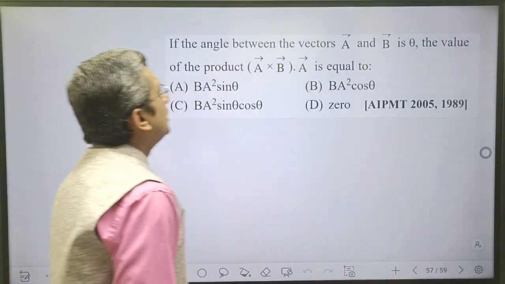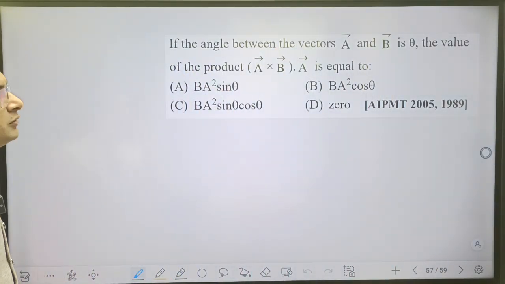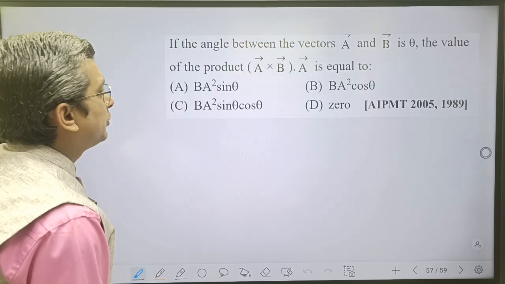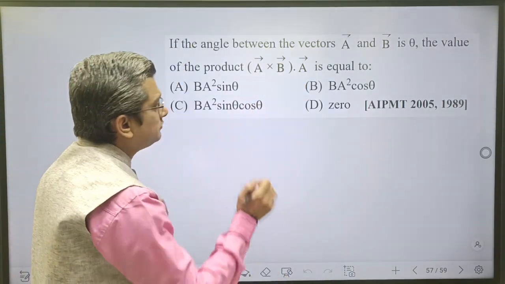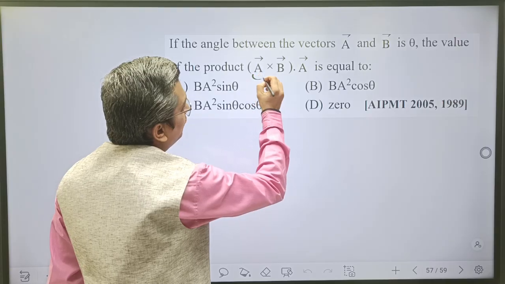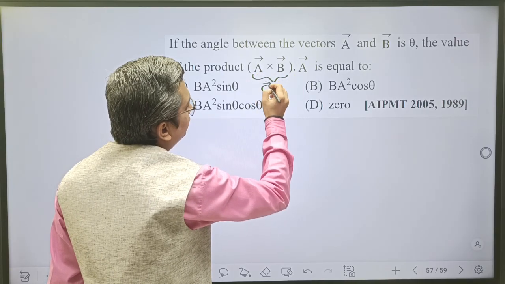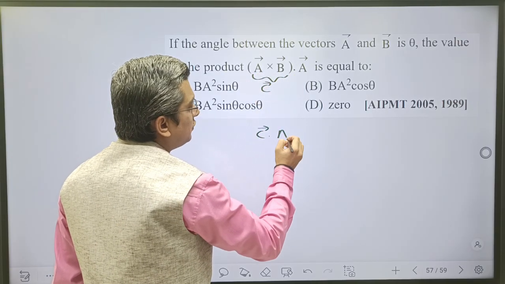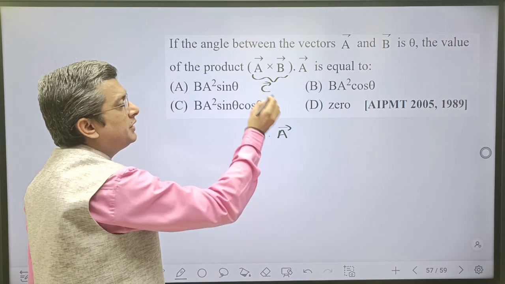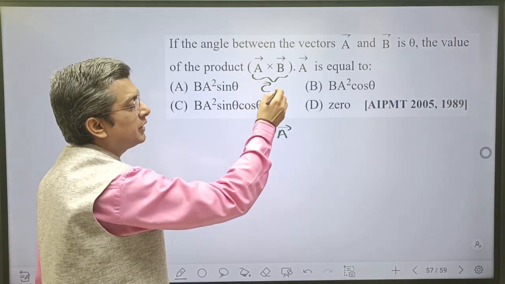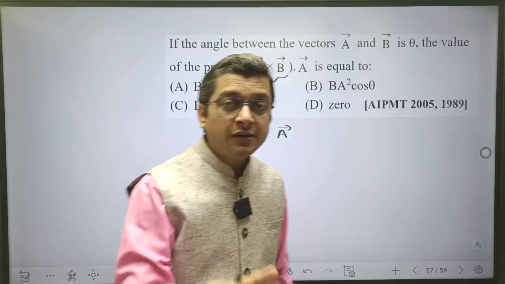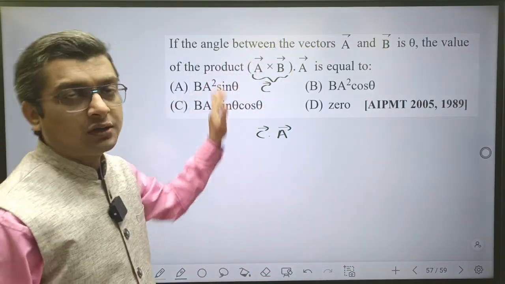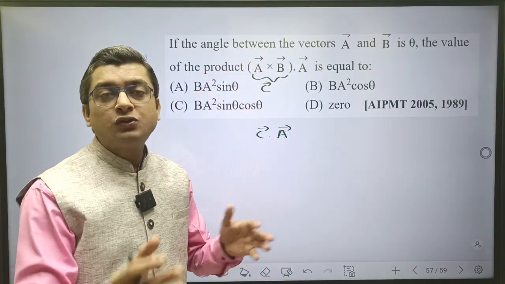Next question. The angle between vector A and B is theta, then what is the value of the product A cross B dot A vector? Always remember, whatever you get from A cross B, let us suppose this is C vector. As we all know, this C vector is perpendicular to A vector as well as perpendicular to B vector, because whatever you get from the cross product is perpendicular to the plane in which the two vectors lie.